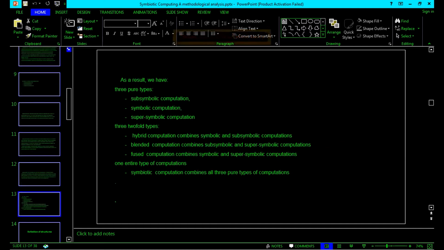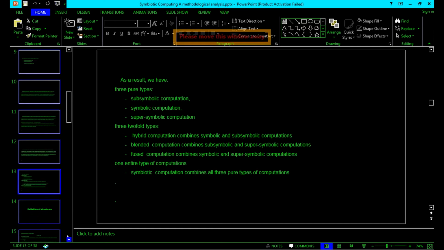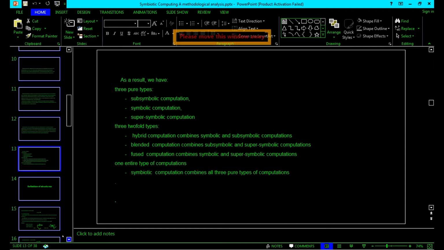As a result, we have three pure types of computation: sub-symbolic, symbolic, and super-symbolic computation. Three two-fold types of computation: hybrid computation combines symbolic and sub-symbolic computations.